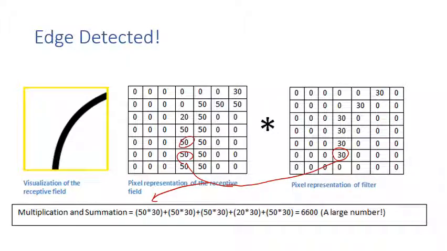The second non-zero value is again 50 multiplied by 30. The third is the same. The fourth will be 20 times 30. Eventually we will get a very large number, 6,600. This is the output response of the curve filter at the bottom of the mouse.